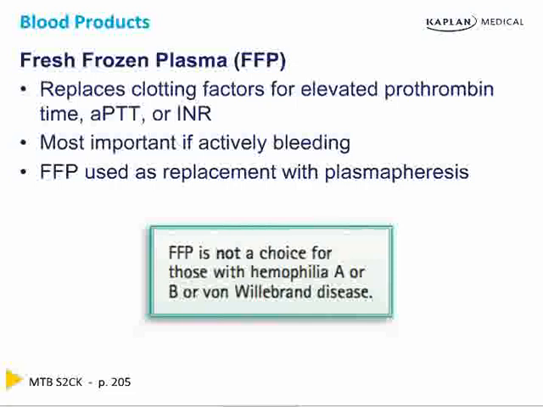So therefore, you have to give people desmopressin for those factors to help them release their own, or give them recombinant versions of factor 8 and factor 9. Fresh frozen plasma is the standard for people who are having acute bleeding and an elevated PT-PTT, except for those with hemophilia or von Willebrand's.